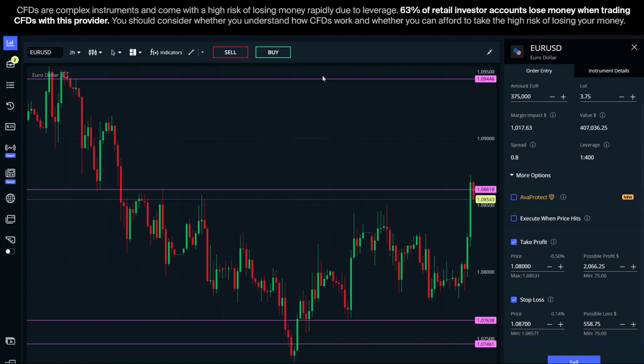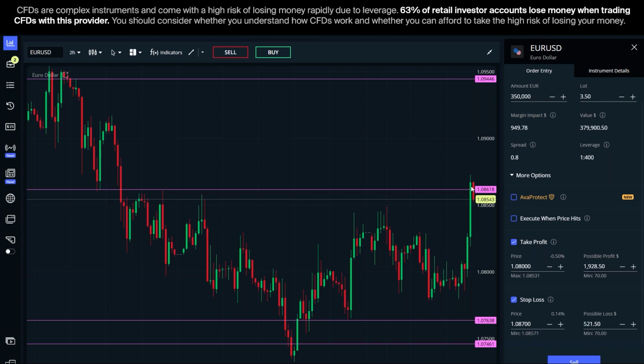Now I'm risking just over 1% of my balance. 3.7, 3.6. Okay, 3.5 is about the sweet spot. So I'm at about 1%. It's changing because the market's moving. Potential profit, almost 2,000. Really nice ratio, potential profit to risk.